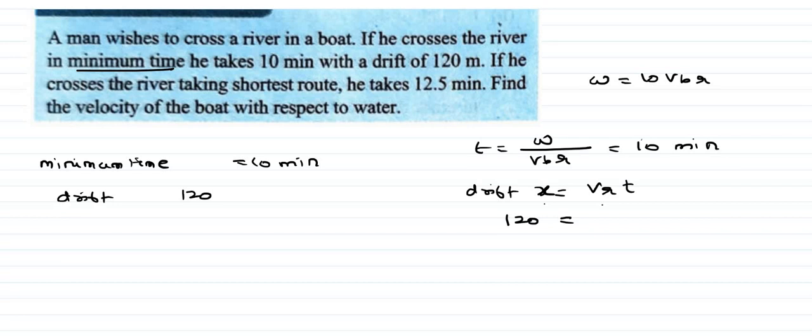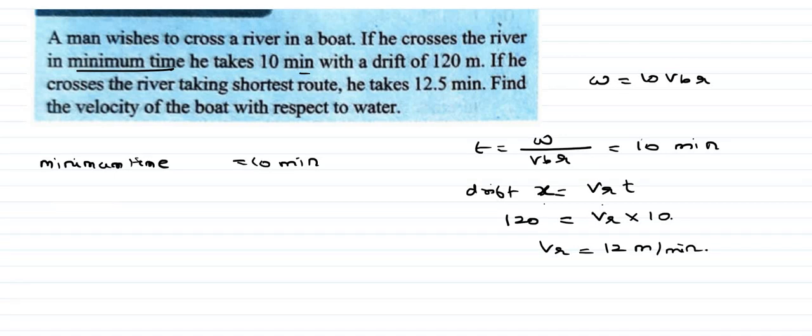But the time we know, correct? So VR into time is given as 10. So this means VR will be equal to 12 meter per minute. Any doubt in this? So this we have found. This is equation 1 and this is equation 2. VR we got it and this one we got it.